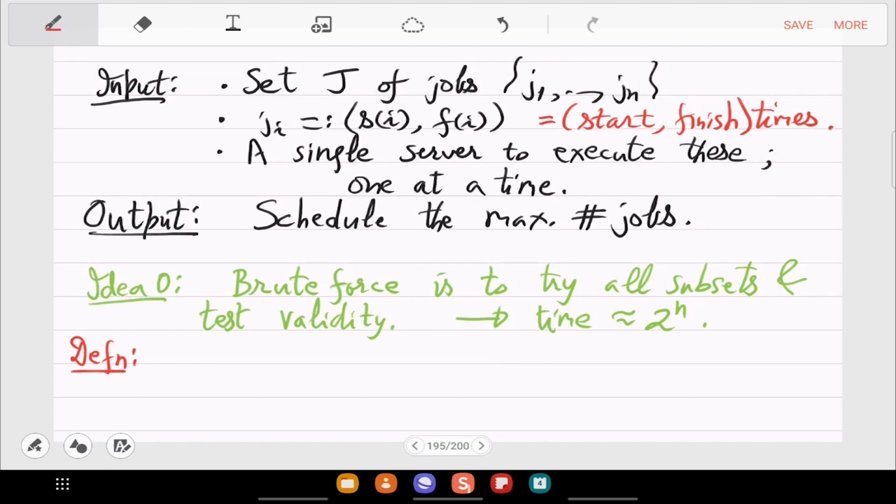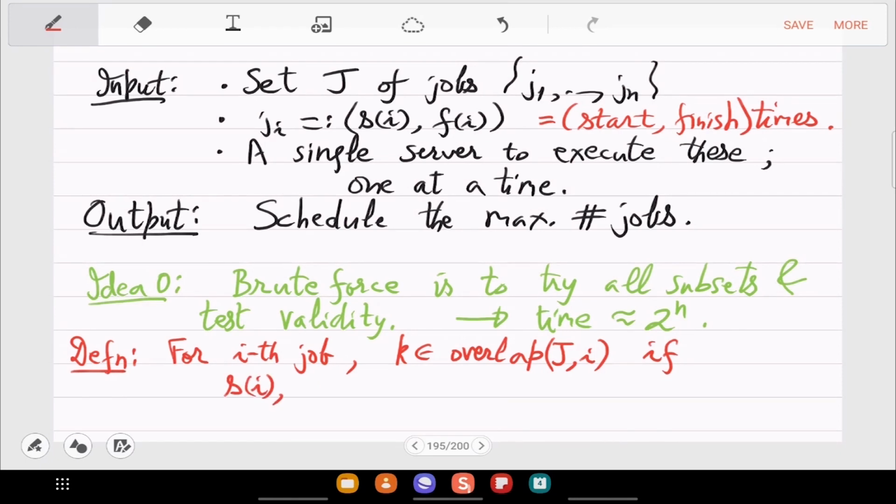For the ith job, we say that K is in overlap(I) if the interval for I and the interval for K has a non-empty intersection.